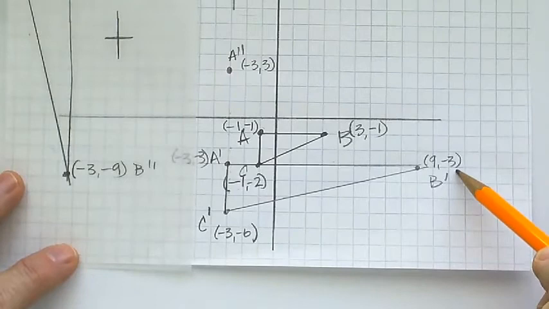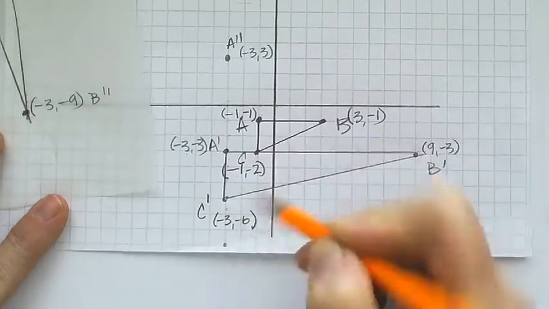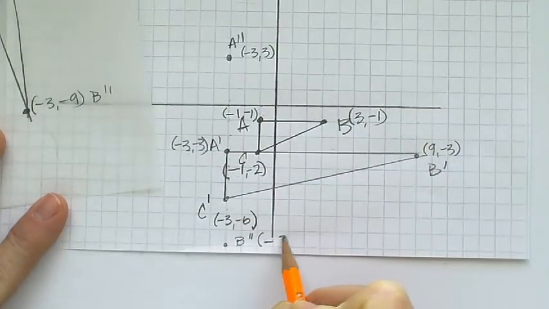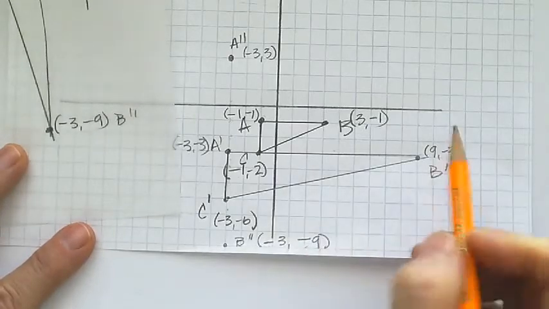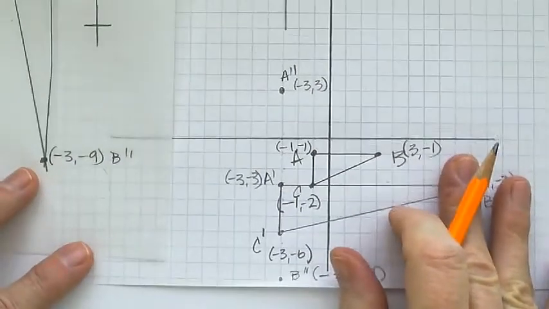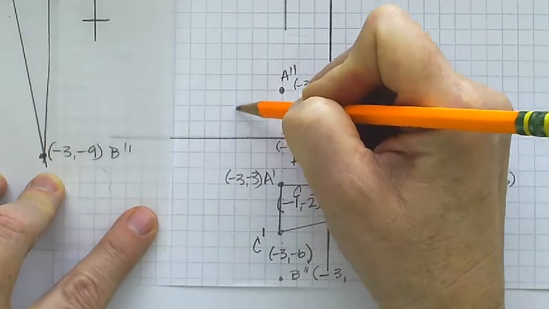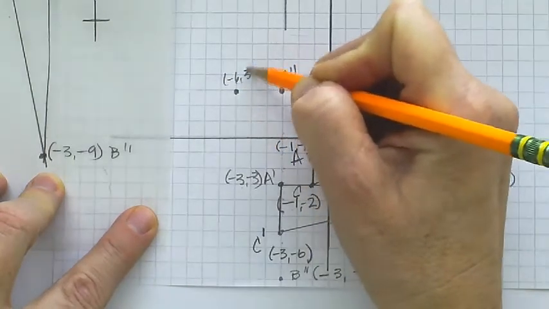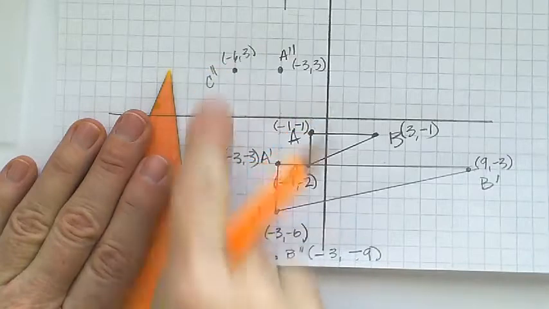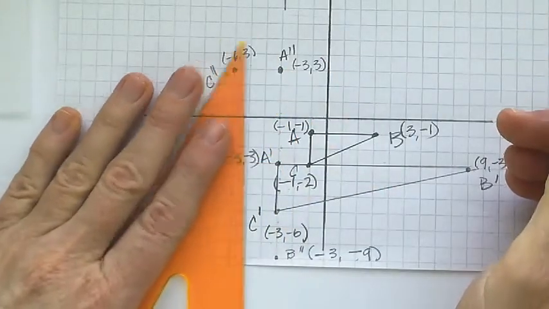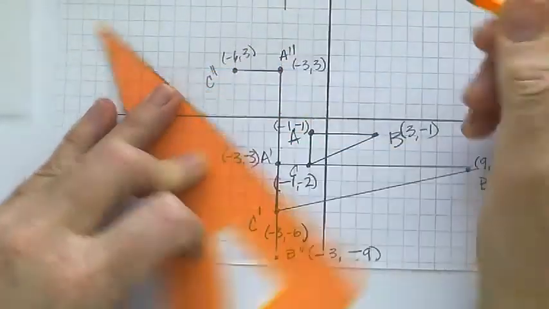And then for B double prime, they switch places, and then C double prime, this is still negative, but this is now positive. Okay.